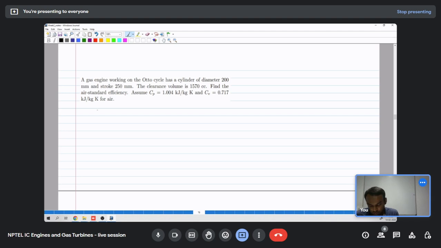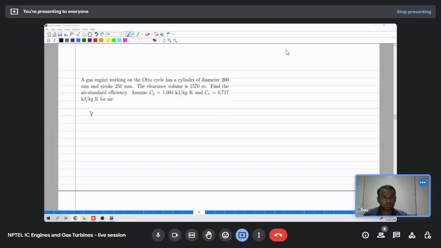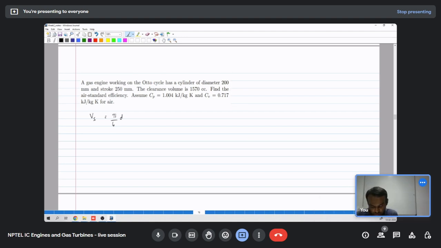So we know the cylinder volume. The stroke volume is pi by 4 d square into L. Since the clearance volume is given in cc, I would write everything in centimeters, so I will directly get the stroke volume in cc.